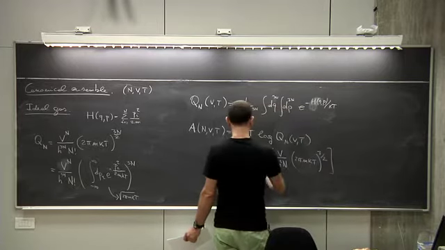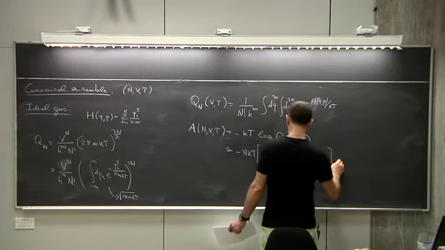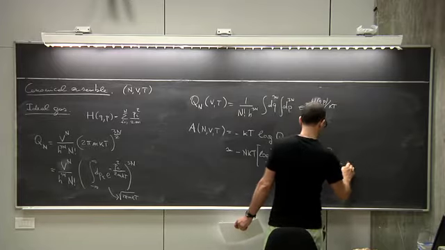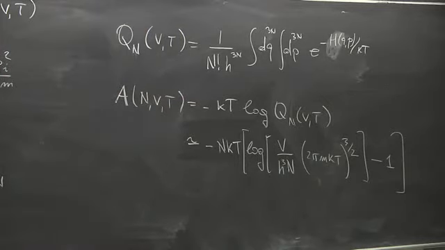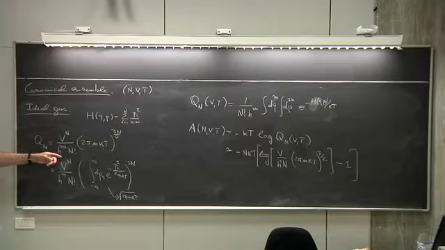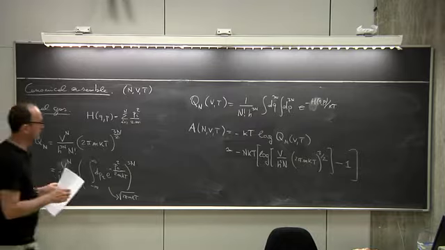And then there is minus 1. Okay? So I've just taken the log of this and used the Stirling formula for log of N factorial. And this is the A.